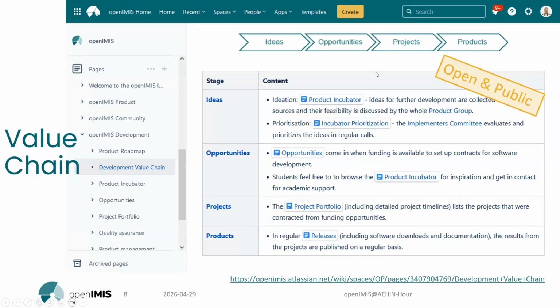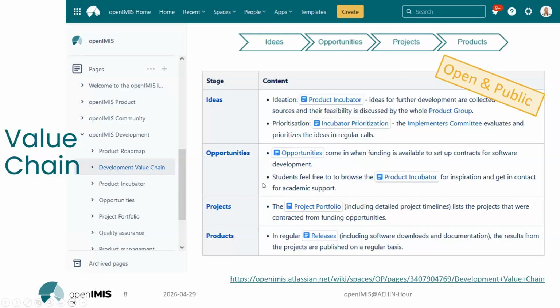Then the second stage would be identifying funding opportunities, where either we have received funds for further development or where we know of implementation projects where openIMIS can be used. And once funding is attached to ideas, they can turn into projects.